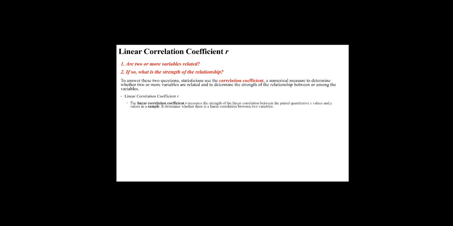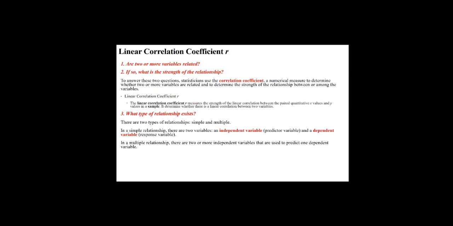The linear correlation coefficient r measures the strength of the linear correlation between the paired quantitative x values and y values in a sample. It determines whether there is a linear correlation between two variables.